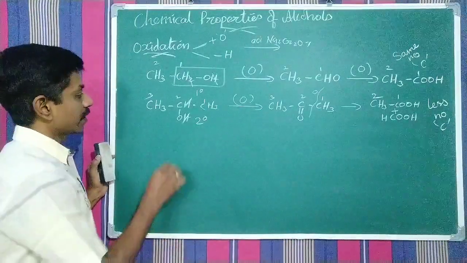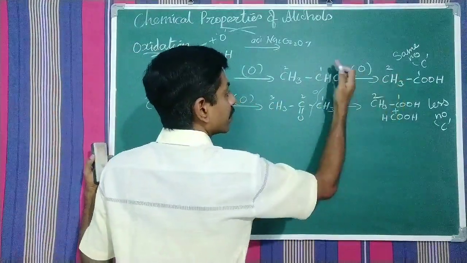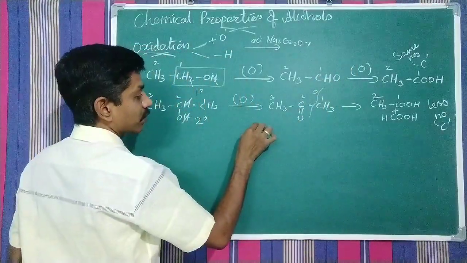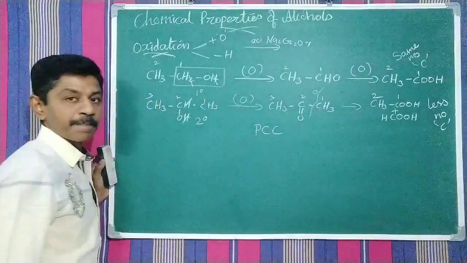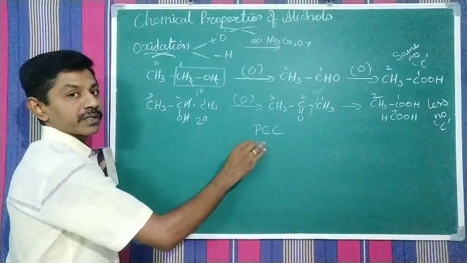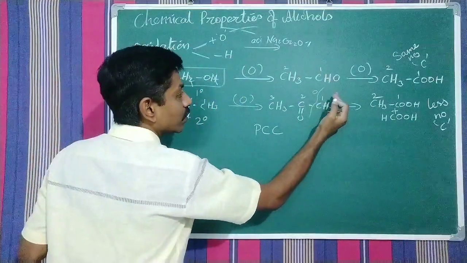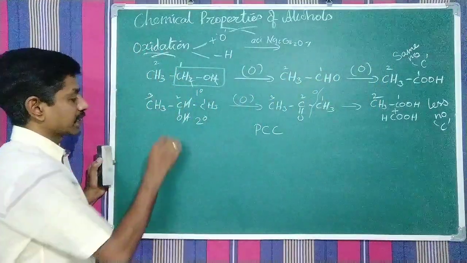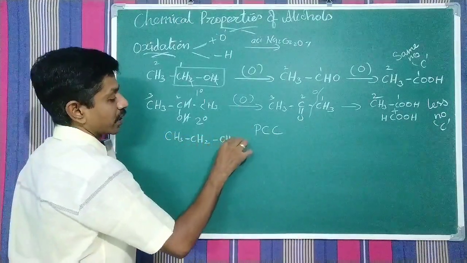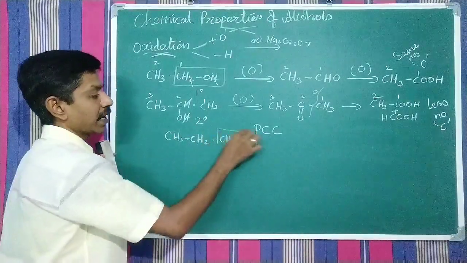Suppose we don't want the final acid product and want to stop the reaction at this stage itself. For that we use PCC, pyridinium chlorochromate, as the oxidizing agent. It converts primary and secondary alcohols only into aldehydes and ketones, not acids. For example, take CH3CH2CH2OH, 1-propanol, a primary alcohol.